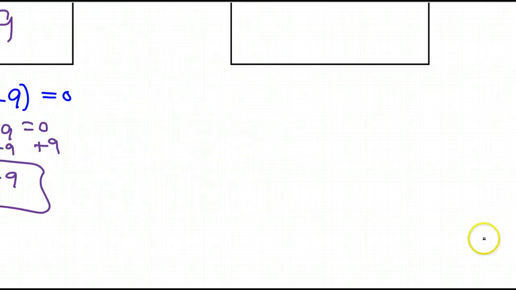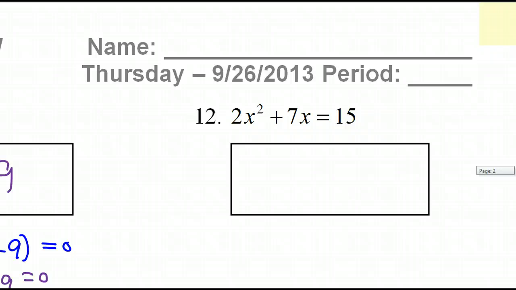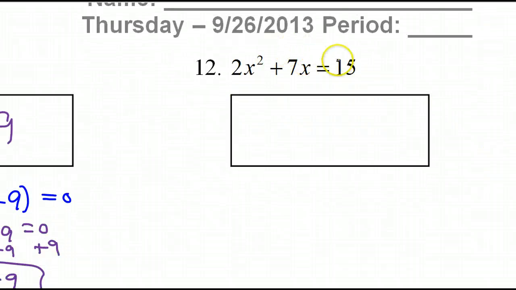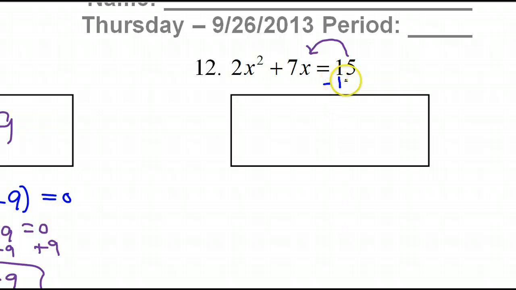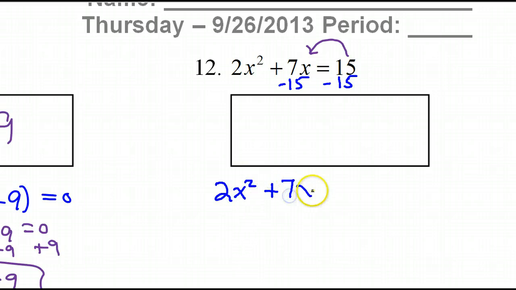Alright, what else we got? This time we don't have 0 over here, so we need to move this over there. And we can do that by subtracting 15 from both sides. So that will give me 2x squared plus 7x minus 15.